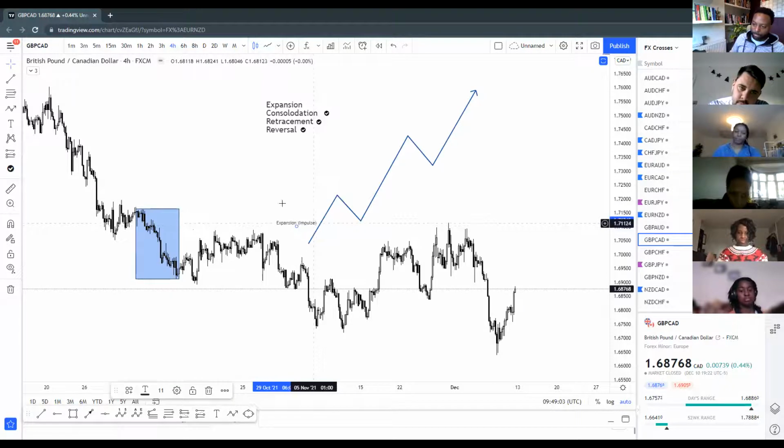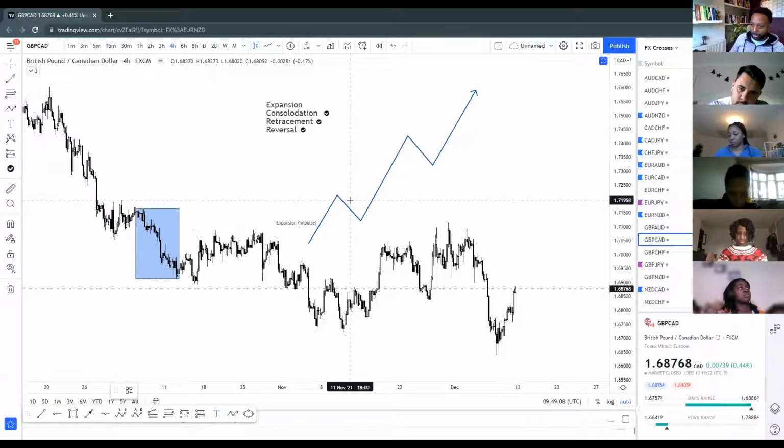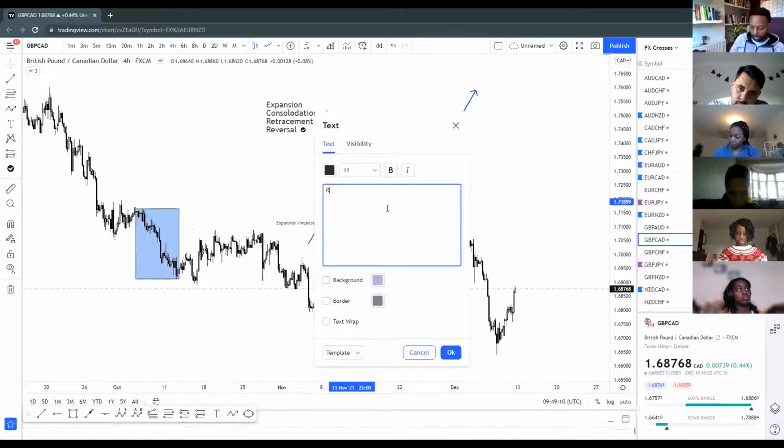Okay. After every impulse, or after most impulses, you will get what? Retracement. Is there another word for retracement? Pullback. Yeah, good. Another one? Drawdown. No, I thought that was a good guess. Another one?